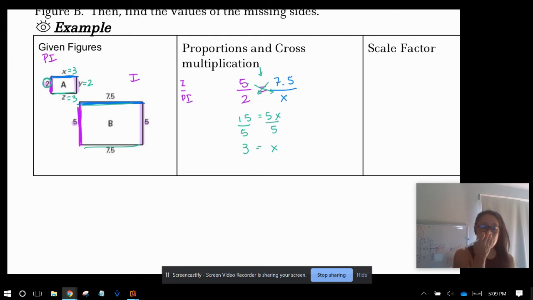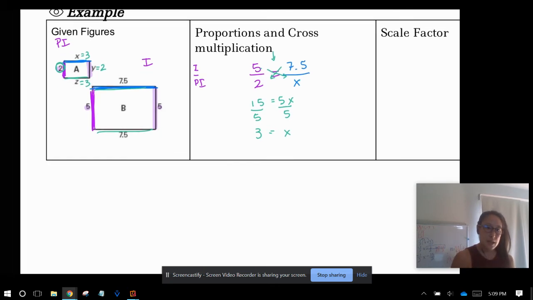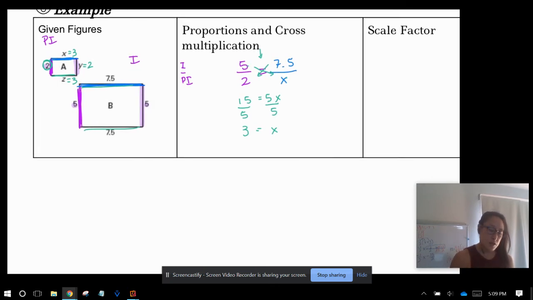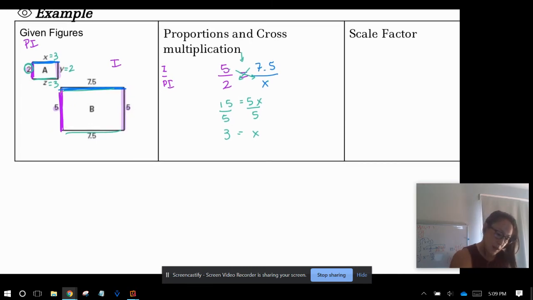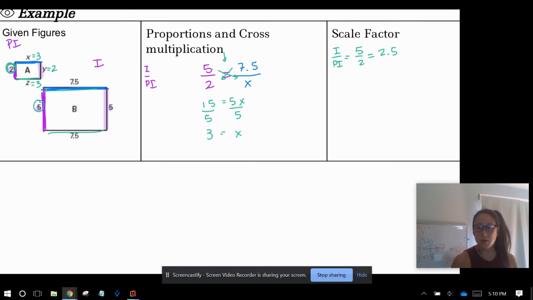All right. Another way to do this is to set up our scale factor. So it is image over pre-image. We're just going to use our 5 over 2. And we can get a decimal, that's 2.5. You just need to make sure you don't round your decimal, so you have to store all the values in your calculator.